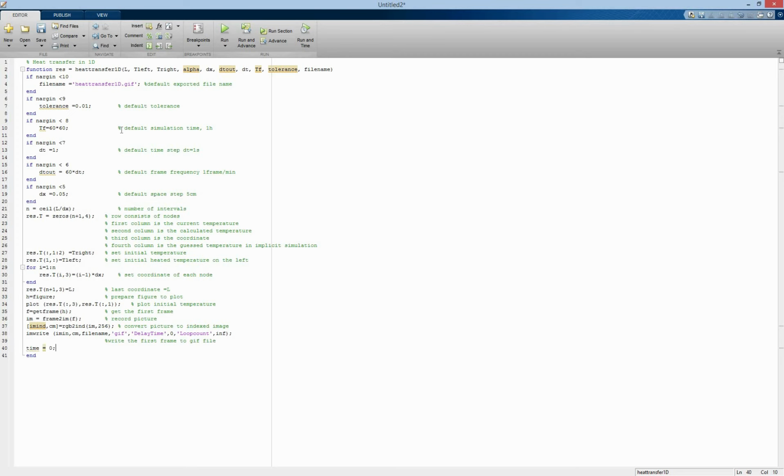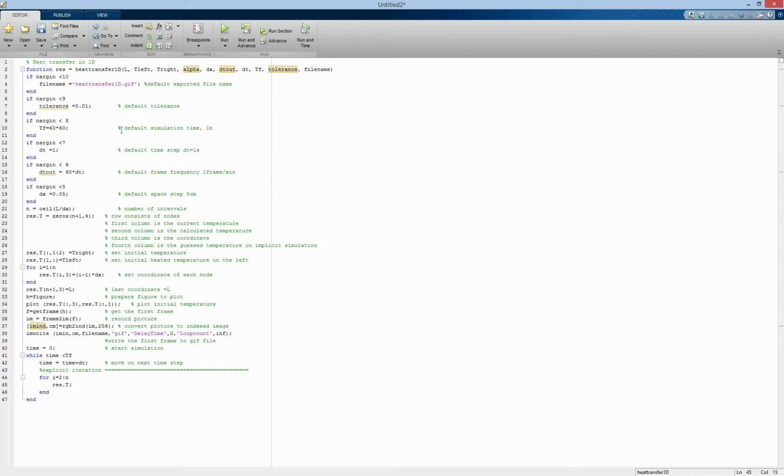Now I start the simulations by setting the time to 0. And I keep looping until the time value is equal to or larger than TF, the final time of simulation. In each loop, I get to the next time step by adding dt to the current time.